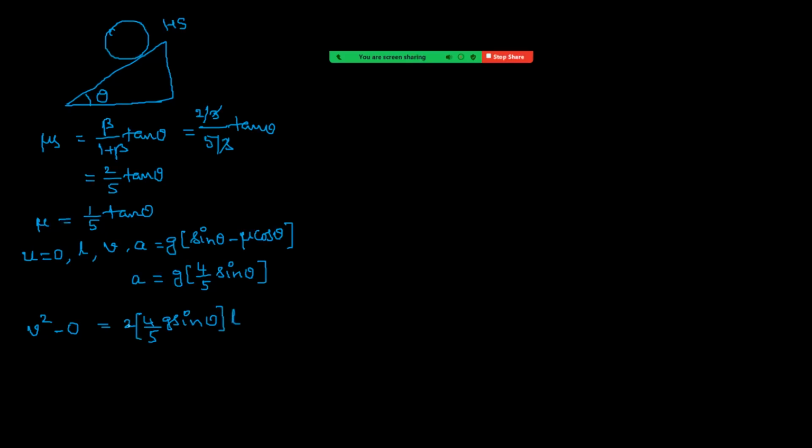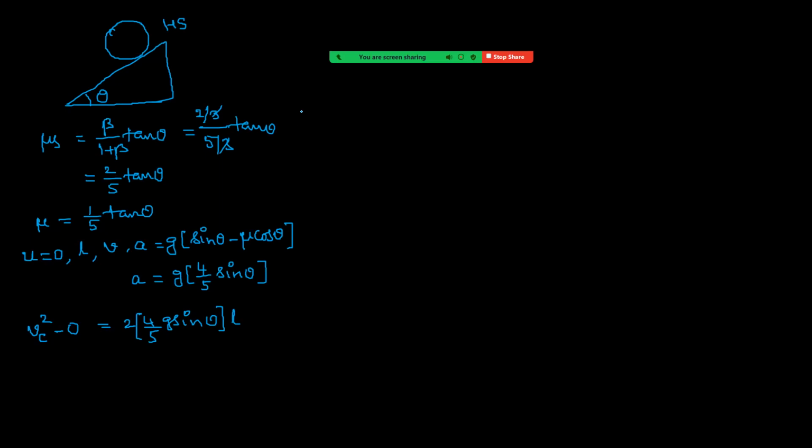This is the speed of the center of mass. Okay. So we got the v square value. Yes. Then we can find half m vcm square.